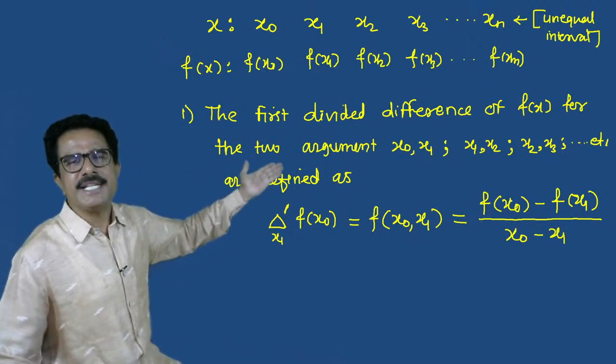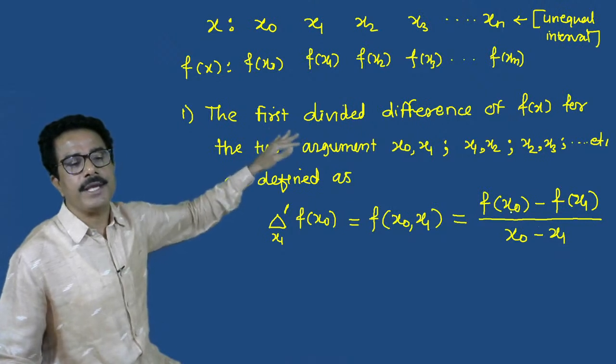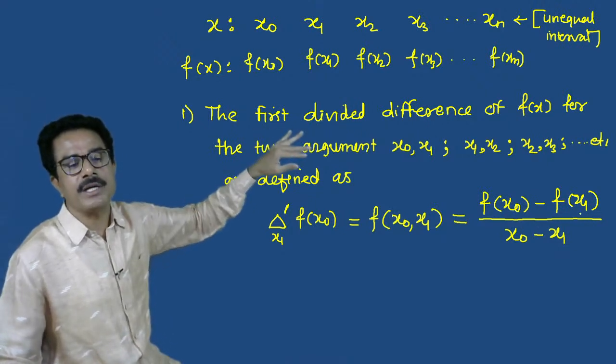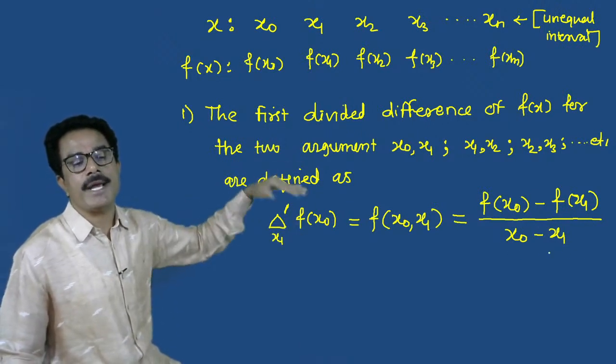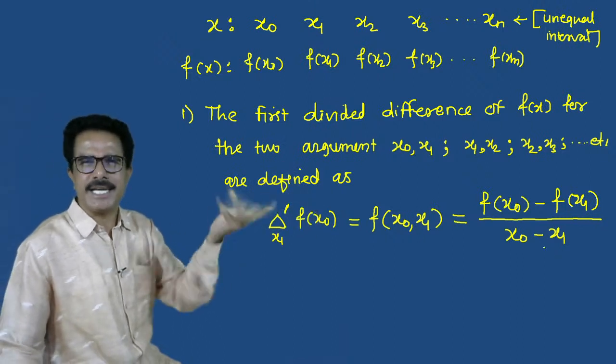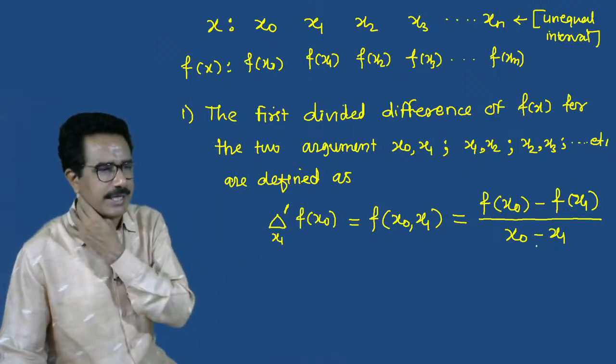Or you can write it in this way also, f of x1 minus f of x0 divided by x1 minus x0. The order can be changed, but remember one thing.